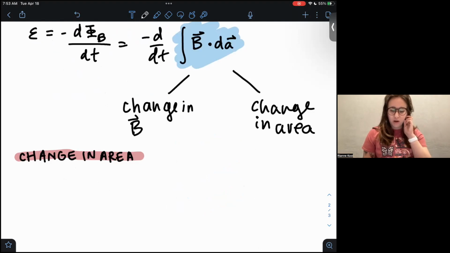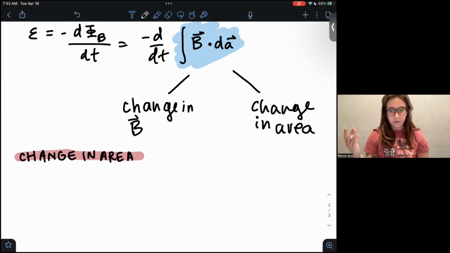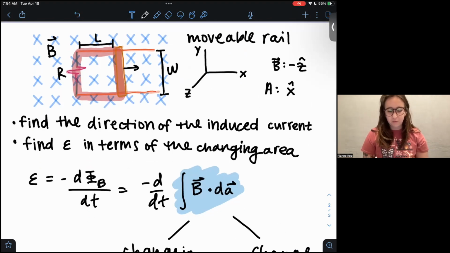So when we have a change in area, we want to find our change in flux. We have our equation right here that says negative d dt of the integral of B dot dA. But if we have a uniform magnetic field that doesn't change in time, and we're starting with a finite area, such as this one right here, we can just treat these as constants.